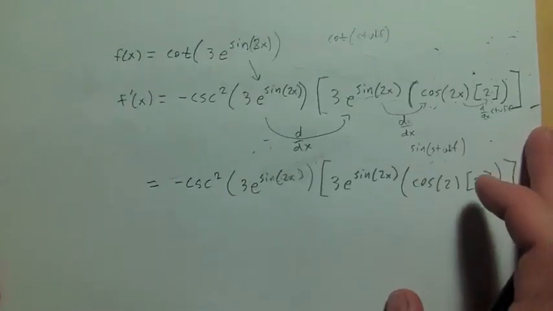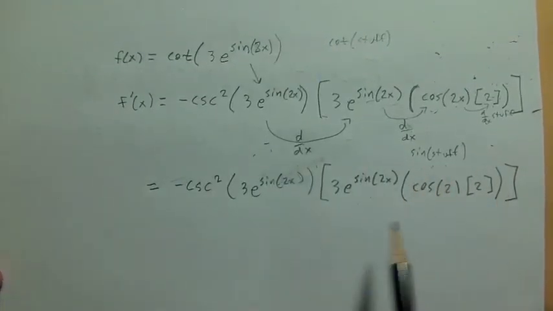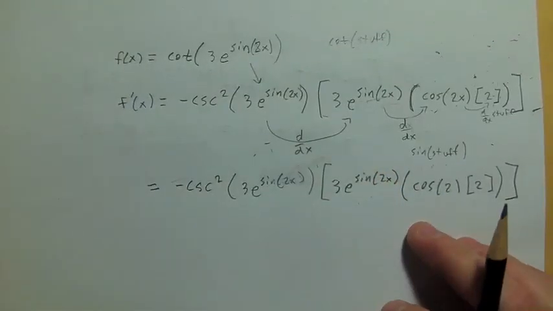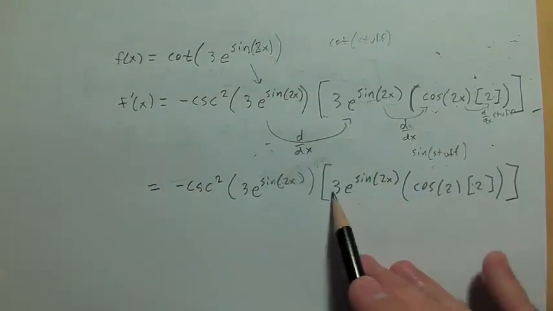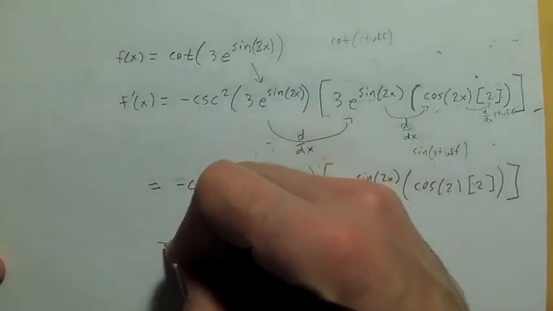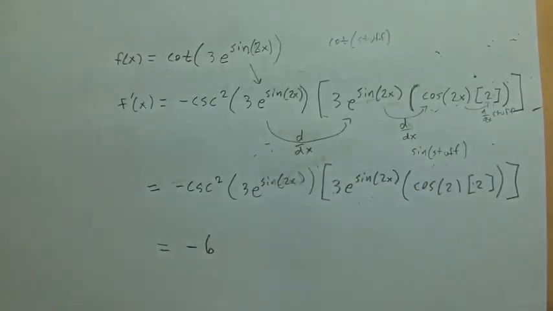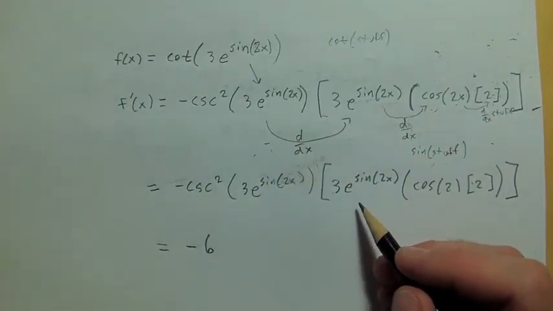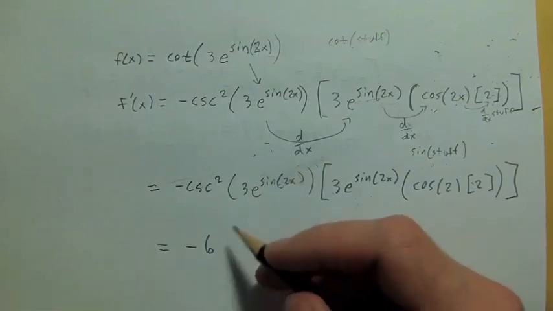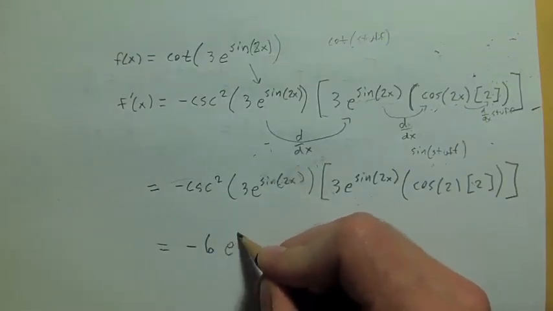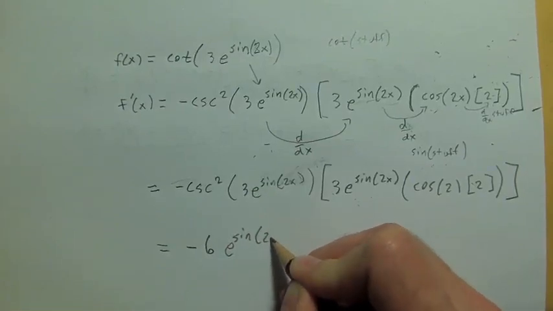And some of this stuff can simplify a bit. These constants I have can move to the outside, so I have negative 6. The order you write the trig function and the exponential almost doesn't really matter, but let me move the exponential to the outside, e to the sine of 2x.